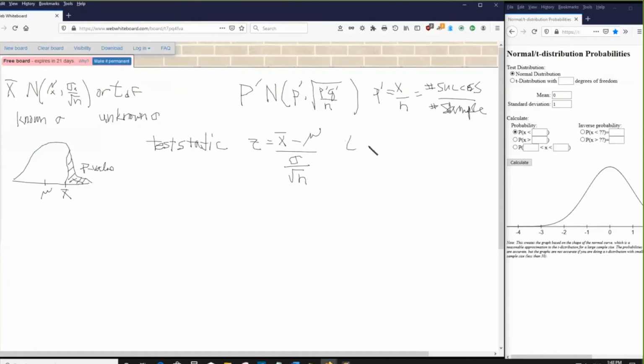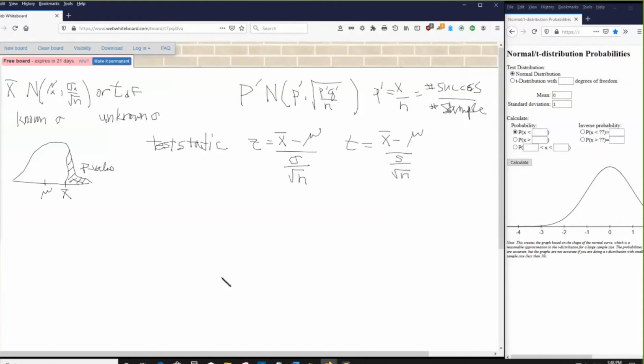It's going to be very similar, and we've seen these formulas before. The t-score is going to be the sample mean minus the population mean divided by the sample standard deviation divided by the square root of the sample size.